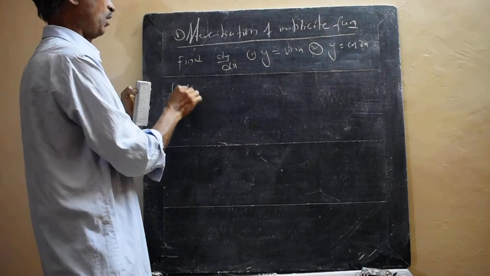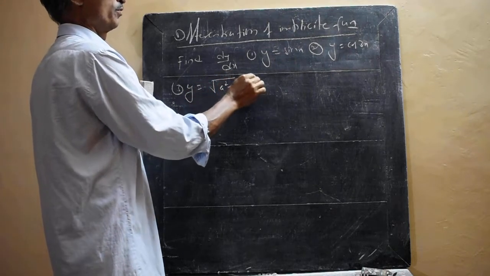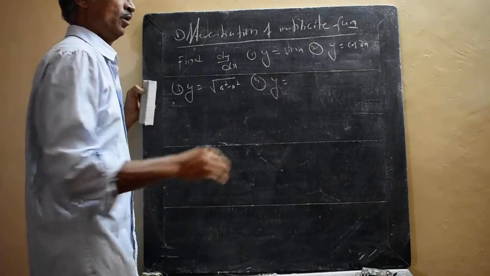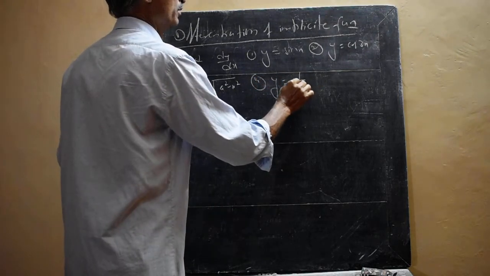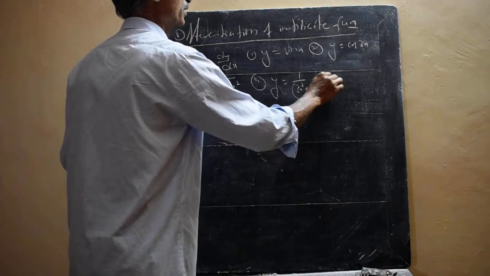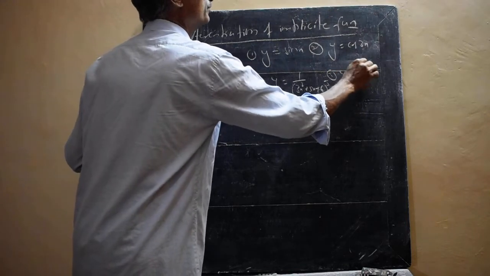Third one, y is equal to root of a square minus x square. Fourth one, y is equal to 1 upon (3x square plus 5x plus 6) whole raised to 5. Fifth one, y is equal to sin square x.